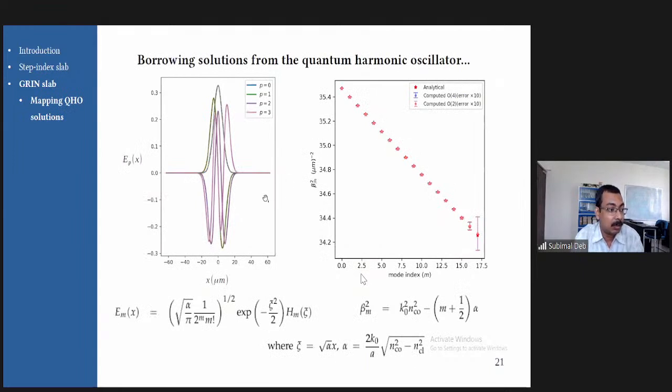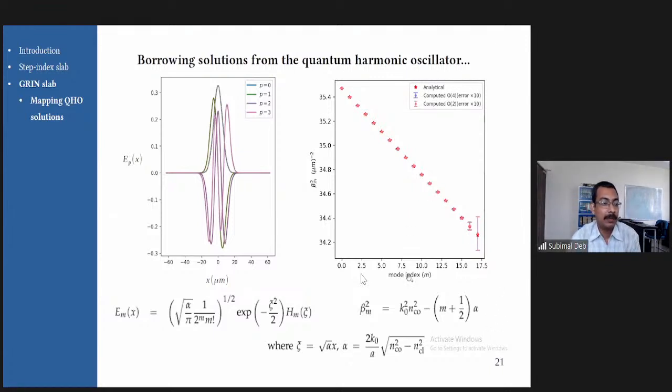And the modes of the parabolic index fiber, we can write down in this form, which have been borrowed right from the solutions of the quantum harmonic oscillator, and the eigenvalues have been mapped from one system to the other. This is the expression for beta m squared.